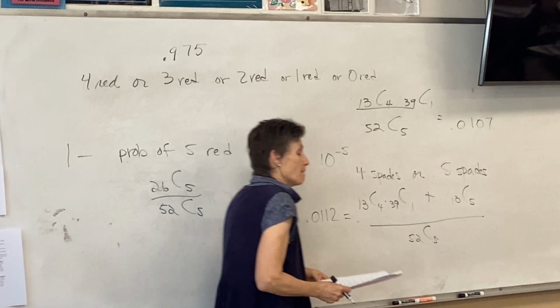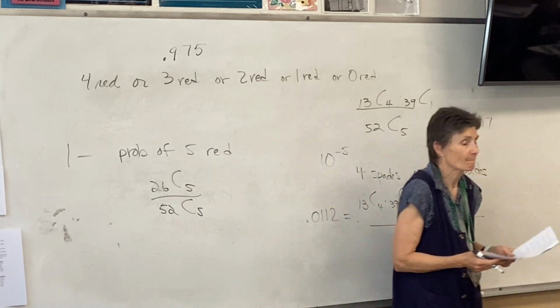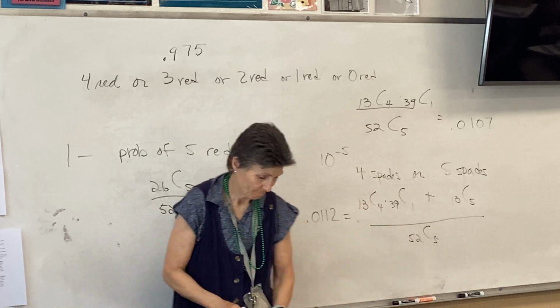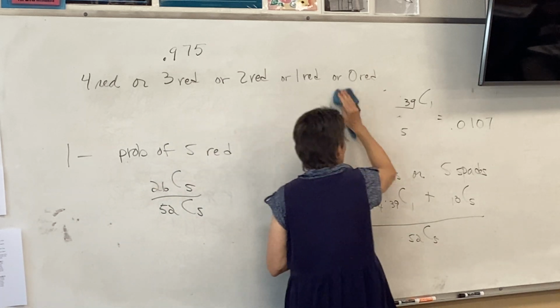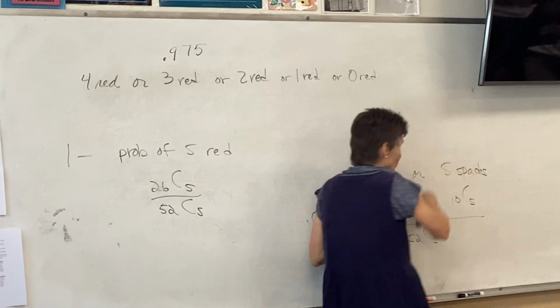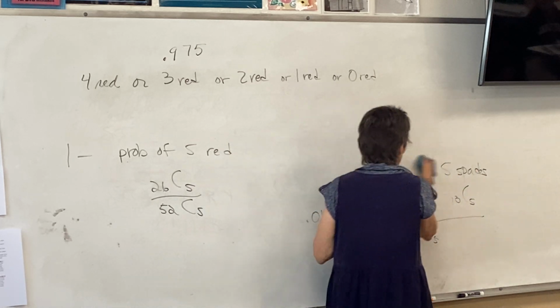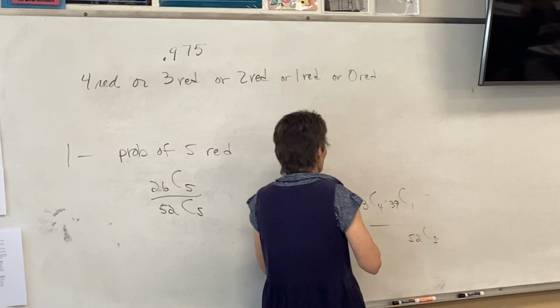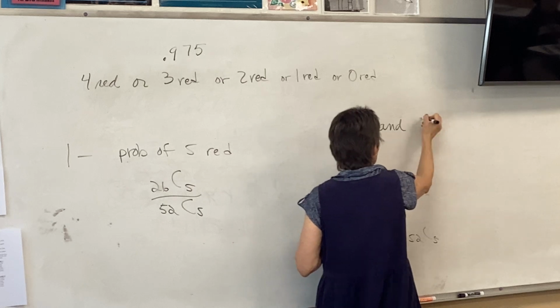M is tricky. Give me some thoughts about M. Give me an example. What are we talking about when we say 3 of one suit and 2 of another? What would that look like? It would be like 3 diamonds and 2 spades.